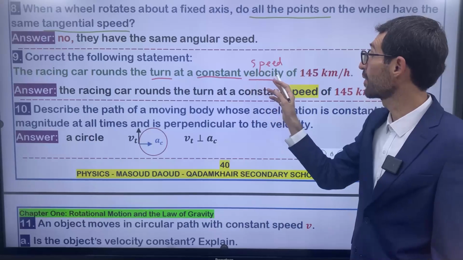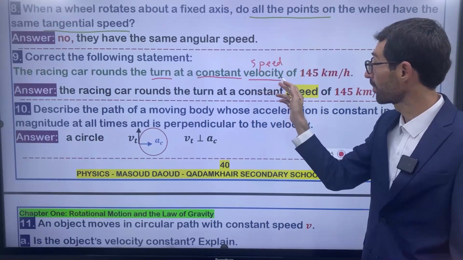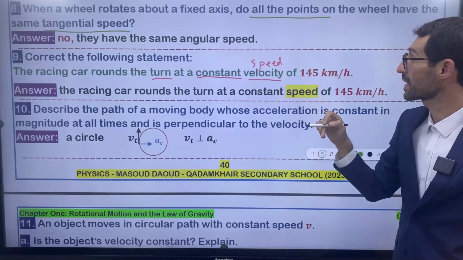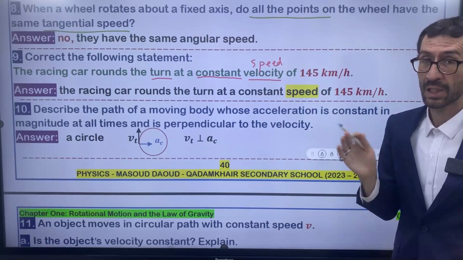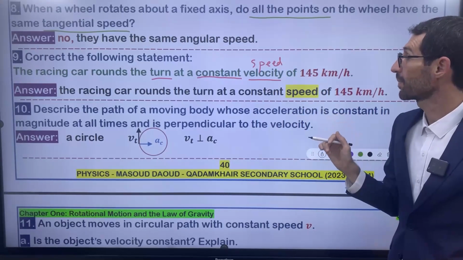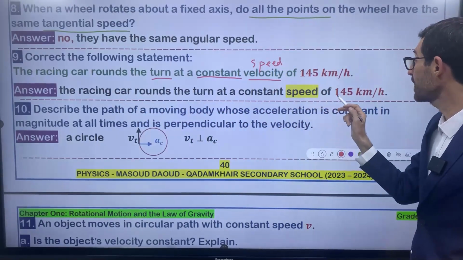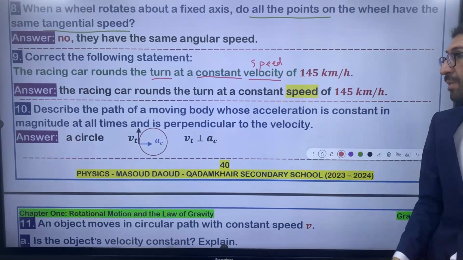But if you turn this word to speed, it's right, it will be true. So the racing car rounds the turn at a constant speed of 145 kilometers per hour. That's it.